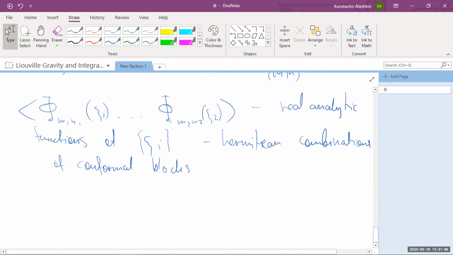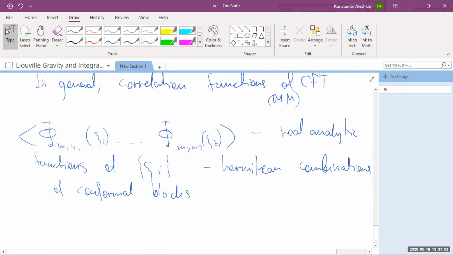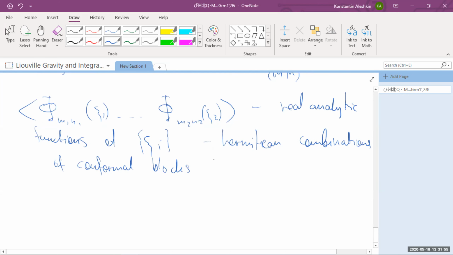So this is how the conformal field theory formalism allows us to reconstruct all correlation functions, with coefficients given by the 3-point functions.